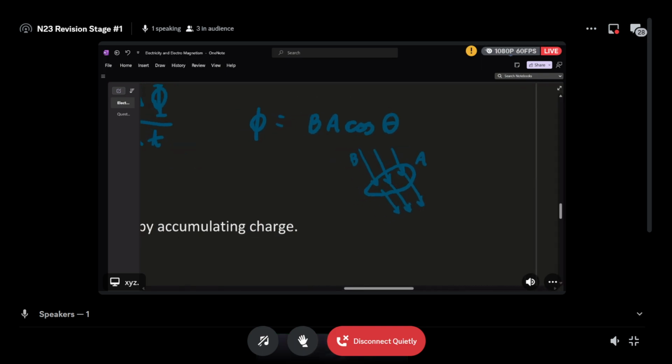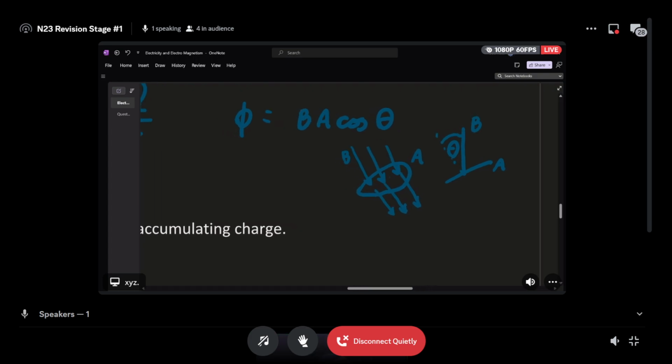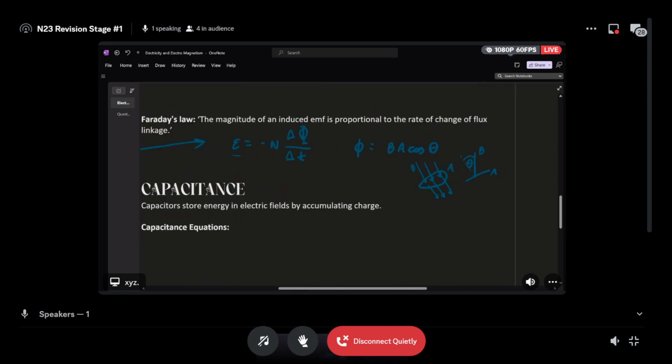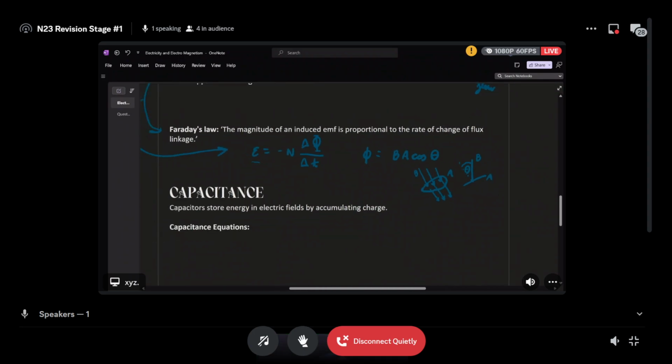So theta is actually the angle between B and the perpendicular to A. So if we have A like this and B like this, this is theta. I should use a much smaller marker, I'm sorry, but it can't change. Okay? And that determines your flux, your magnetic flux.